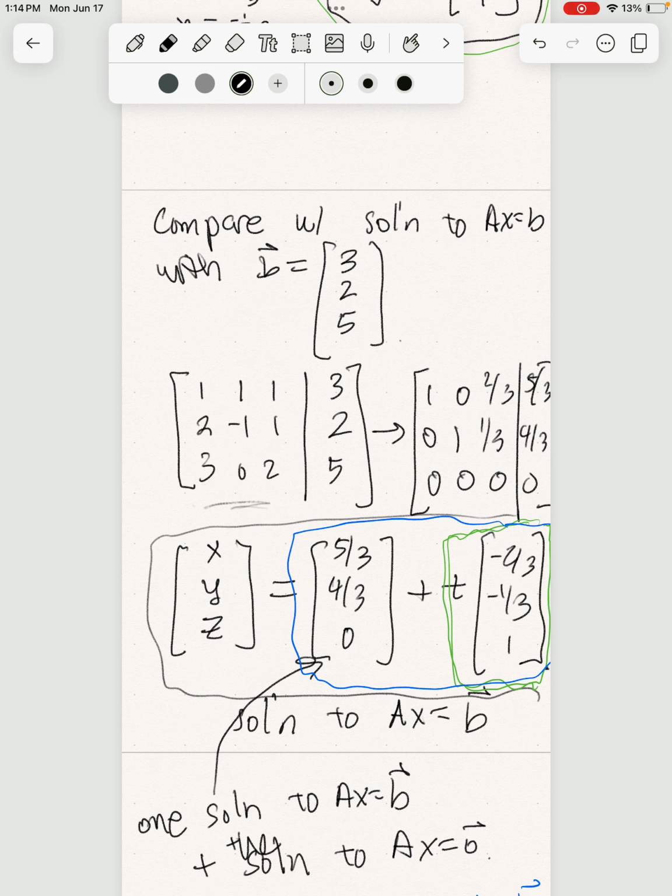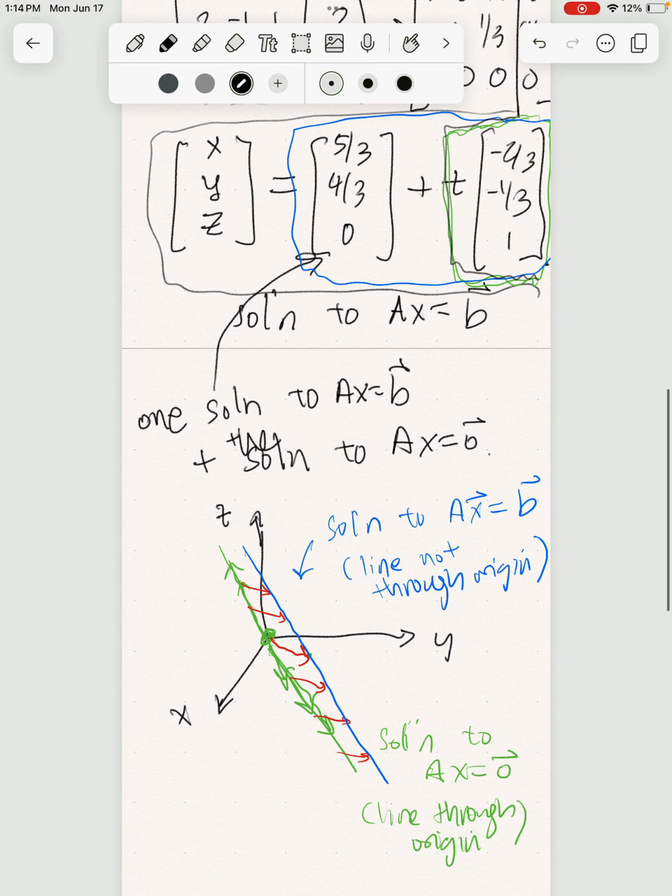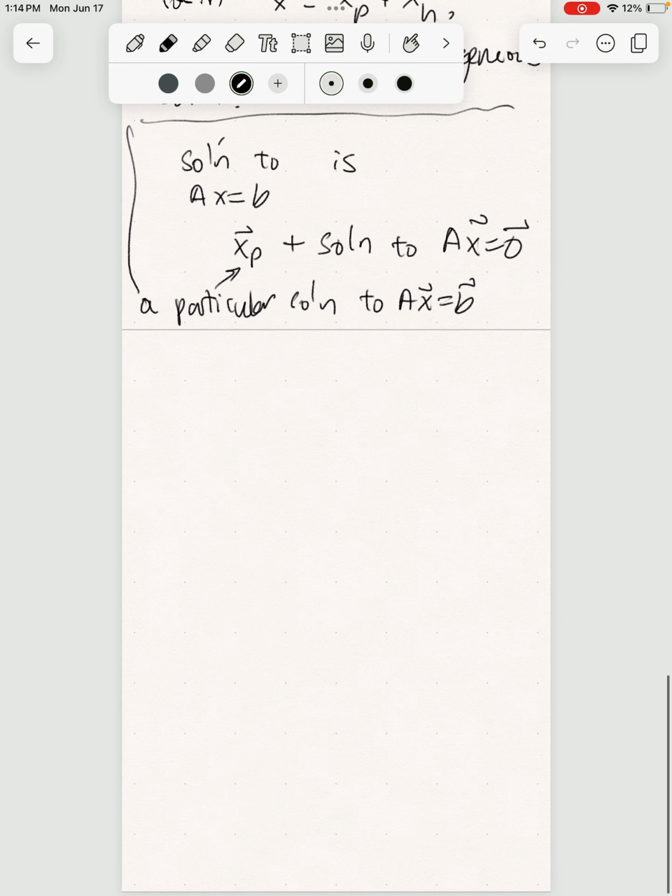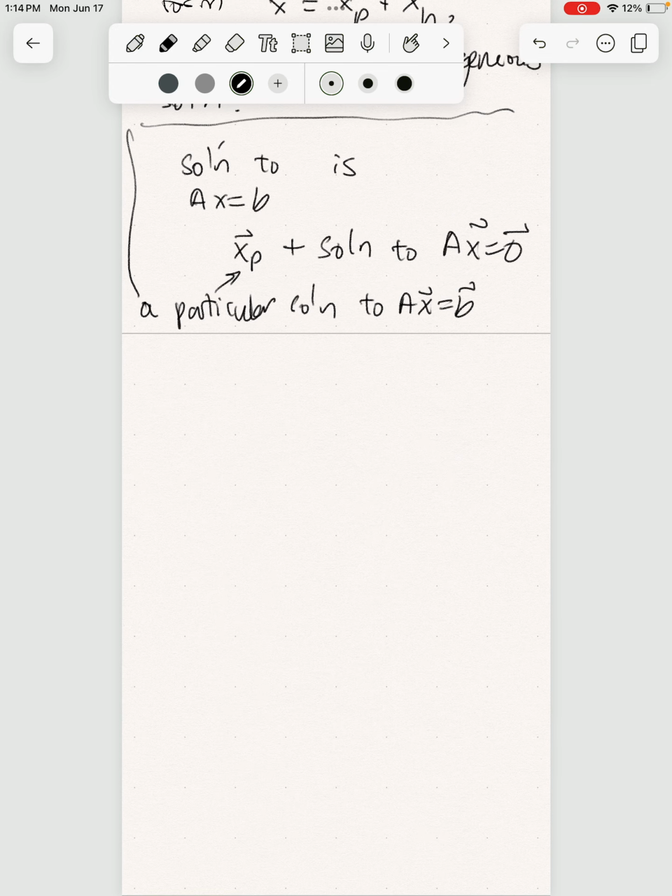When you do this example, you're going to get this out of the homogeneous part. It's going to just come out of the mechanics of the solution. But let's see it in a more abstract, more conceptual way. So let's take the proof of this.